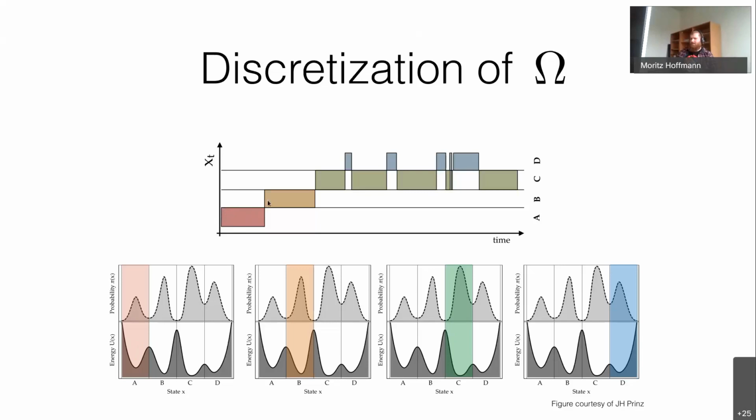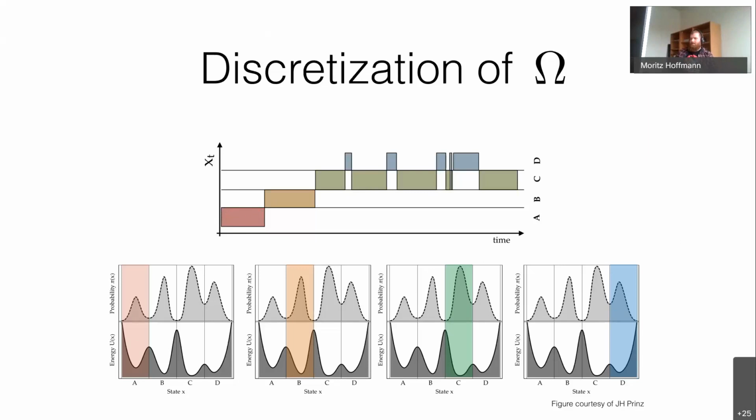And then suddenly we see 1, 1, 1, 1, 1. And then we see the same thing with 2, and then a short transition to 3, and back to 2, and so on. So this would be a state space discretization giving us a discrete trajectory, which we can then use to estimate a Markov state model between these discretized states.